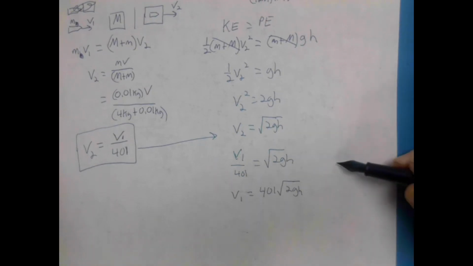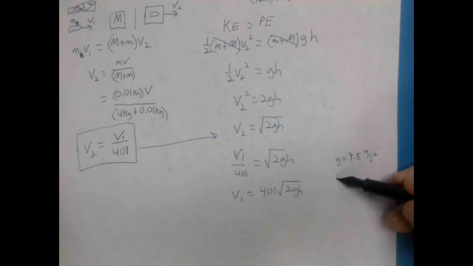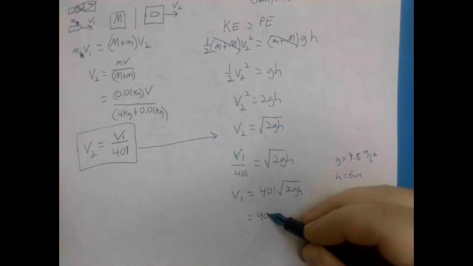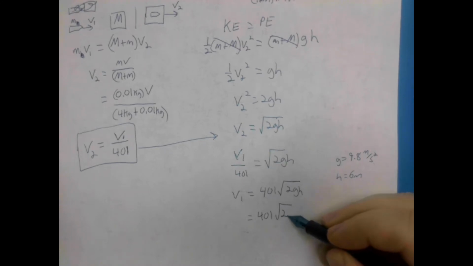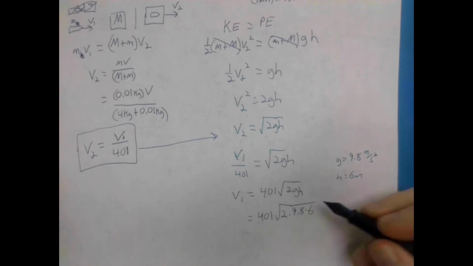And we can plug in values. We'll use g is equal to 9.8 or 9.81. Height we calculated as 6 meters. So that's equal to 401, the square root of 2, times 9.8, times 6.